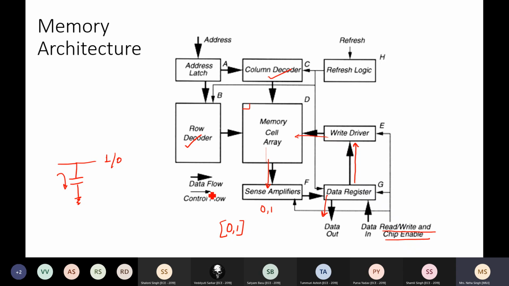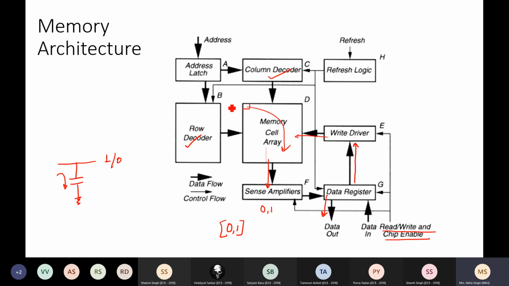Right? Error कहीं भी हो सकता है. The error can be in the memory cell, which we already discussed. If there is a fault in memory cell, I need to rearrange the location. Right? There may be a fault in the decoders, so that the correct location of the cell may not be identified.